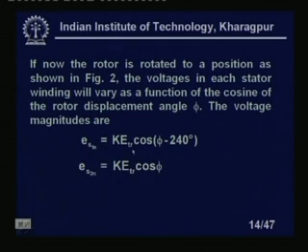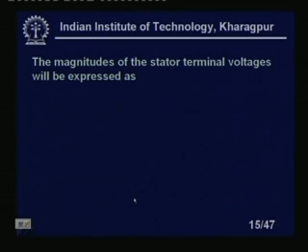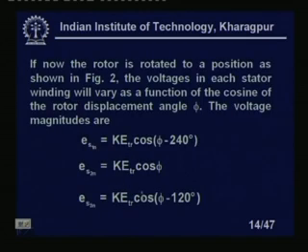ES2N equal to K ETR cos phi, when the rotor is shifted by angle phi from winding 2 in the anti-clockwise direction, and ES3N equal to K ETR cos of phi minus 120 degree, with sin omega t.